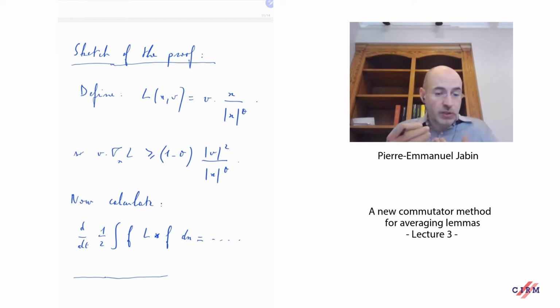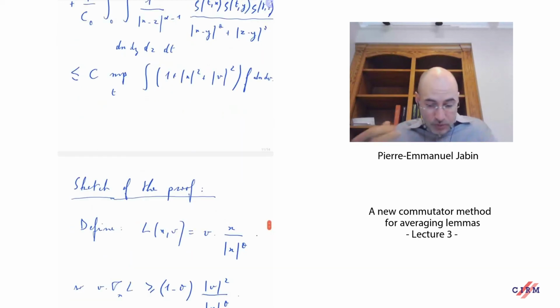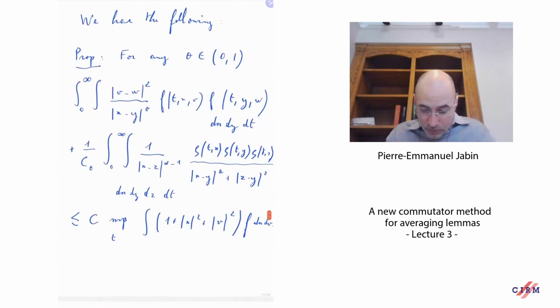And so instead of getting averaging lemmas, I get something else, which is still a sort of regularity result. And again, it turns out that because everything is very explicit, even if I have a force term, I don't necessarily have to treat that like a perturbation. And here the force term also gives me some dispersion estimates.